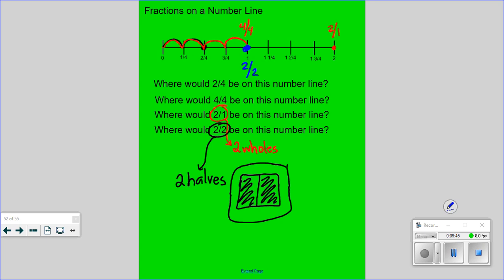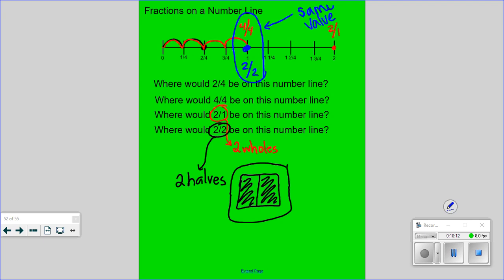So I want you to circle 4/4 and 2 halves on your number line. So these 2 circles on the one whole. And we're going to write same value.